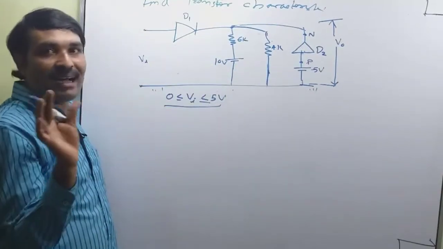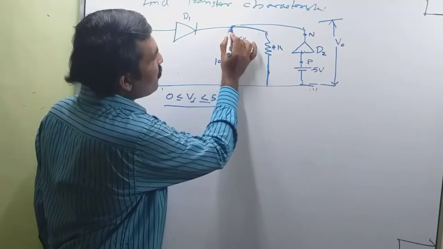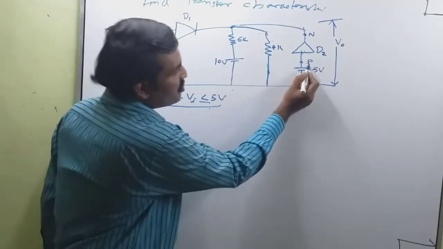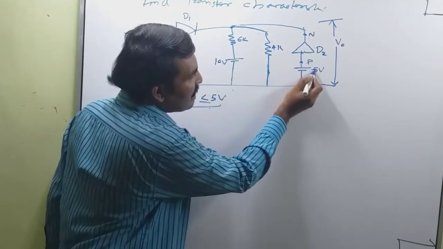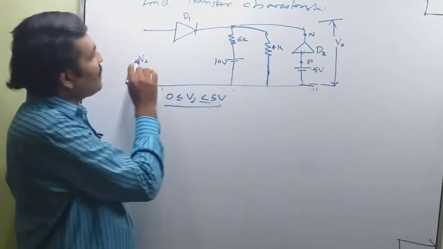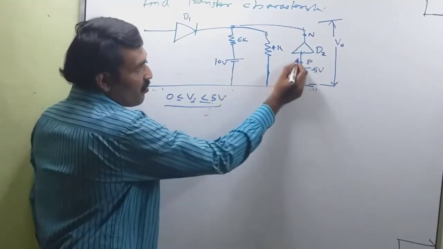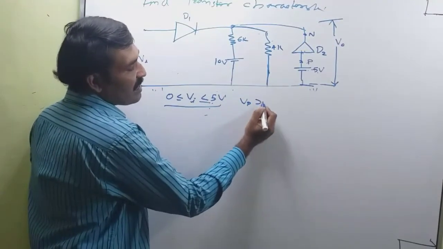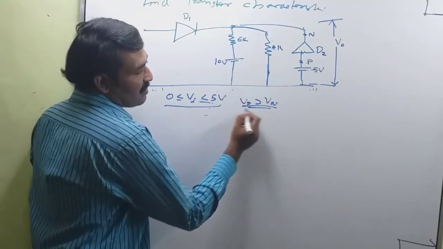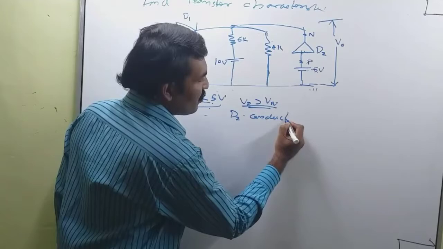Suppose we are assuming the diode is ideal. At point P the voltage is 5 volt, and N is the voltage across this point, that is the applied voltage, which is less than 5 volt. That implies voltage Vp is greater than Vn. That is, D2 conducts.